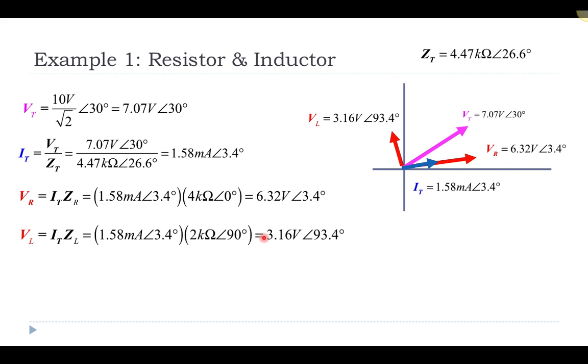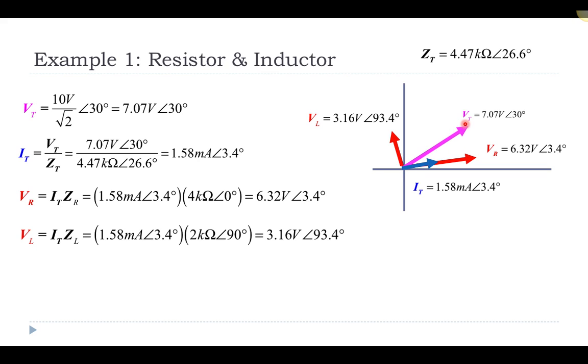And I could draw in the voltage across the inductor, which was at an angle of 93.4. A couple of things we should notice is that the voltage across the inductor added to the voltage across the resistor should add up to the total voltage. And if you think about these as vectors, which we've done before with complex numbers, then the parallelogram method would work. If I took this vector and connected it head to tail over here, I am getting that total.